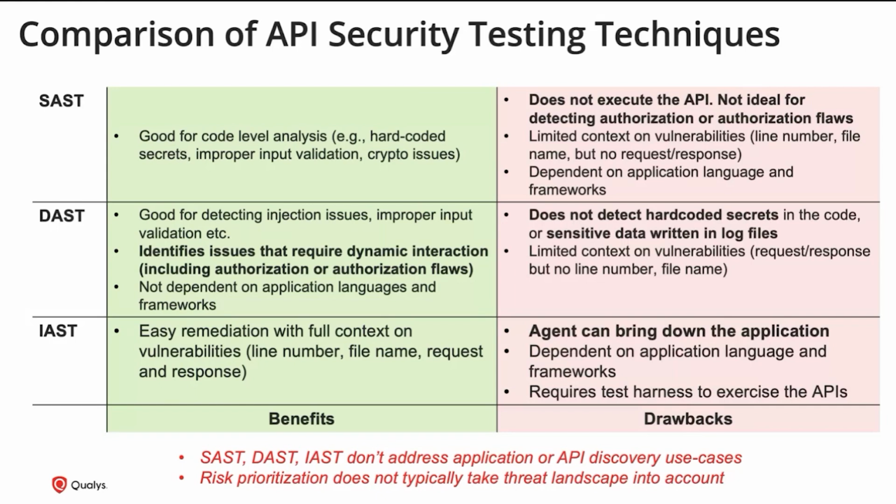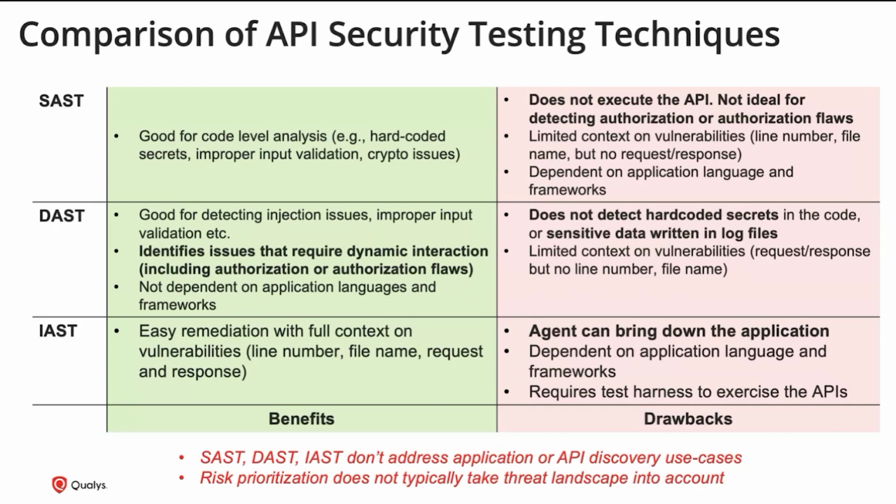So it's not ideal for detecting vulnerabilities that require runtime confirmation, for example, authentication and authorization related vulnerabilities. And there are other vulnerabilities like denial of service, and many examples where SAST is not ideally suited.